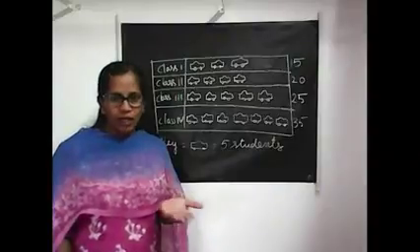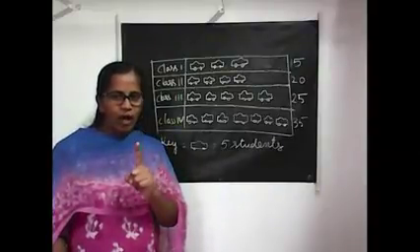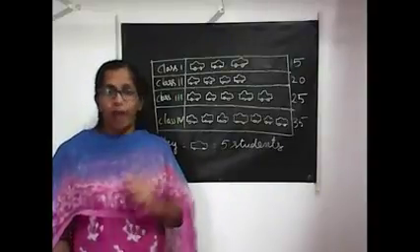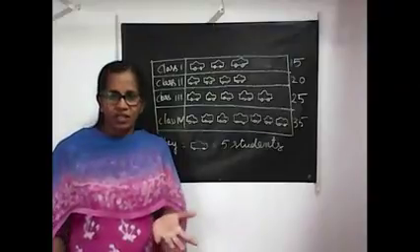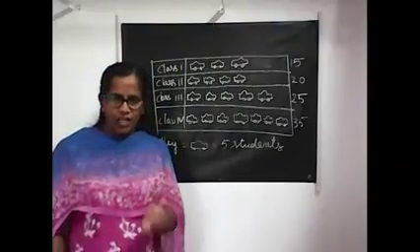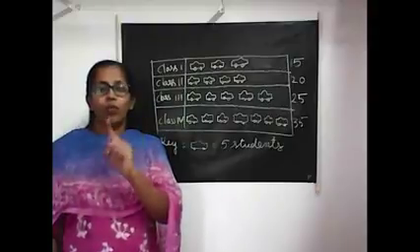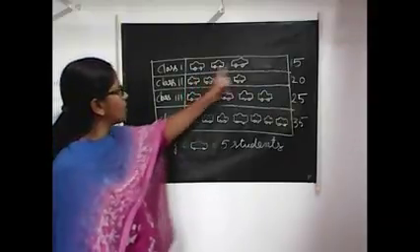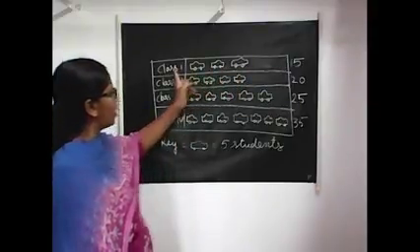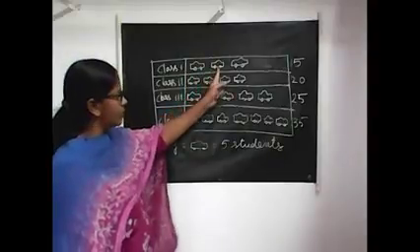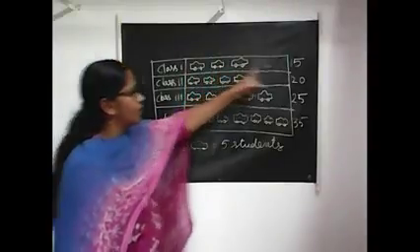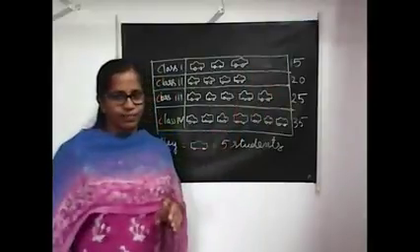So while counting, if you see 1 symbol of car, you should count it as 5. So next 10, 5 plus 5. Each one is representing 5. So how many students are there in this class 1? 5 plus 5, 10. 10 plus 5, 15. Count and write it there first.